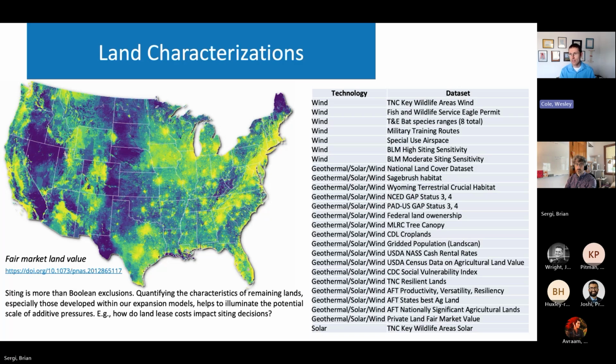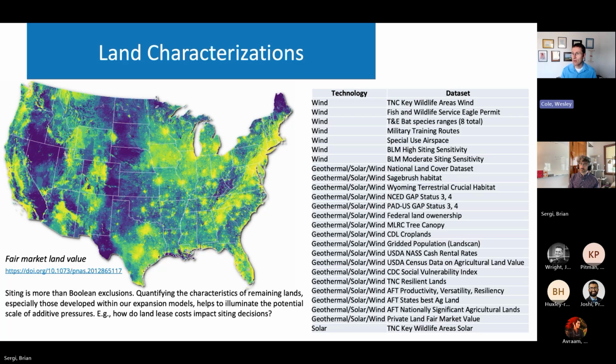And then, just to give a flavor for some of these, the kind of things we've done before are look at federal land ownership. So there's X number of megawatts of solar available in this county. How much of it is on federal land versus private land? So we'll look at those kinds of characterizations just to get a sense for things that people might care about. The Bureau of Land Management, for example, might care a lot about federal versus non-federal land.